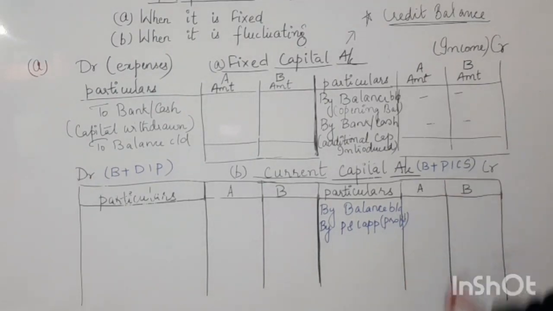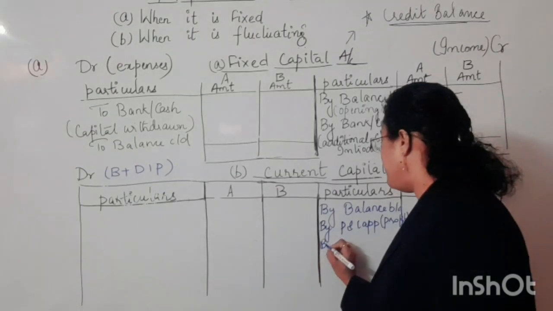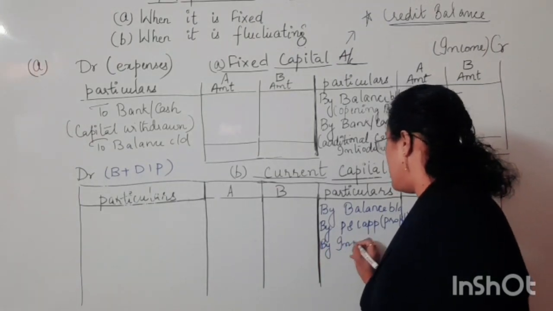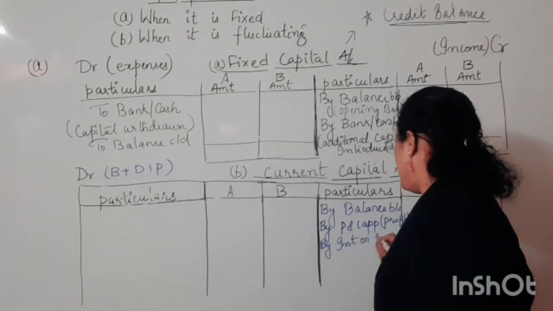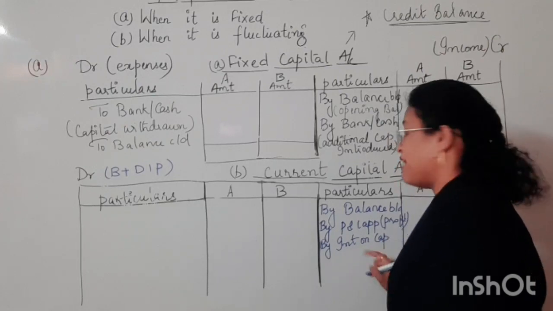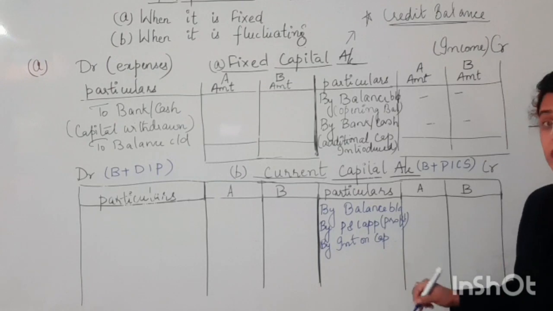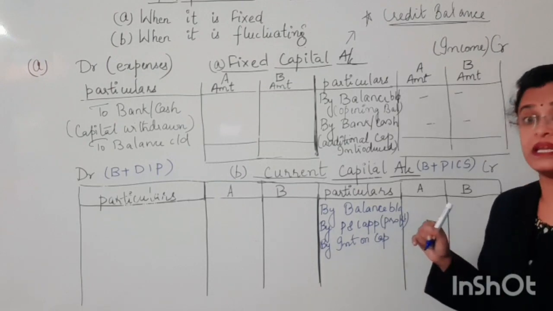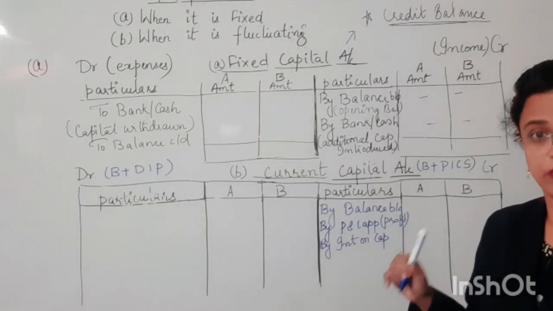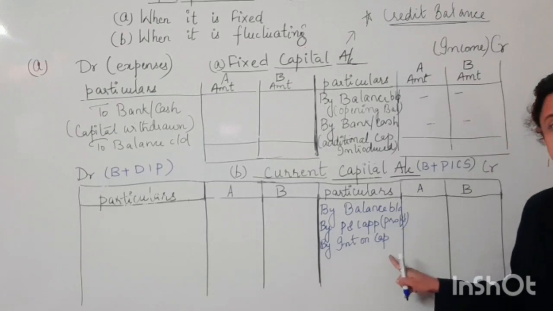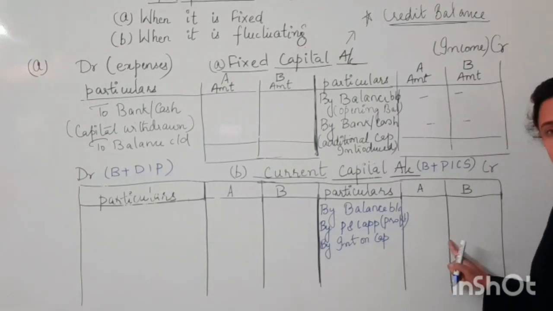Now what does I stand for here? We have already seen that on the debit side of the P&L appropriation we have the interest on capital. This interest on capital is an income for the partner, but it is an expense from the firm's point of view. So by interest on capital, if it is there, we are going to show it over here.